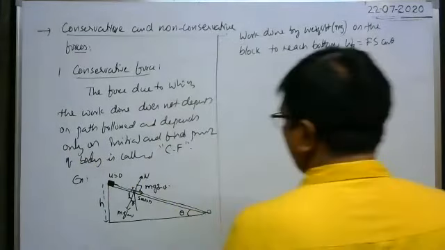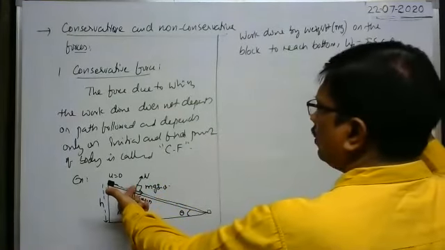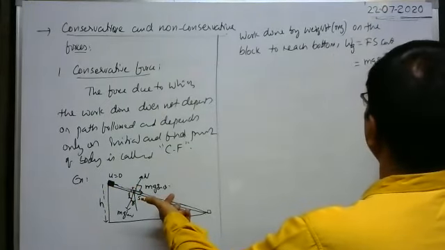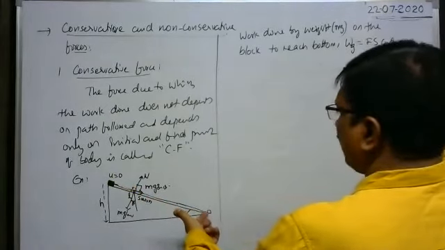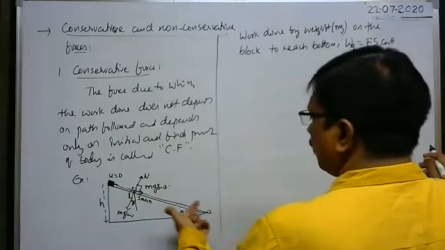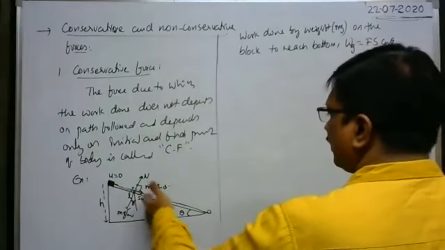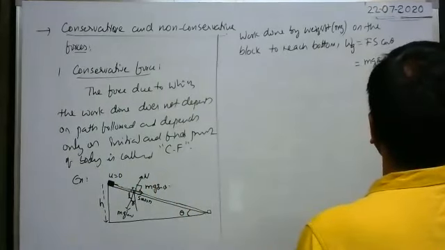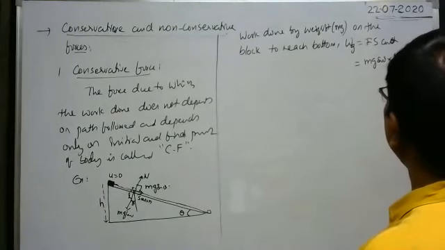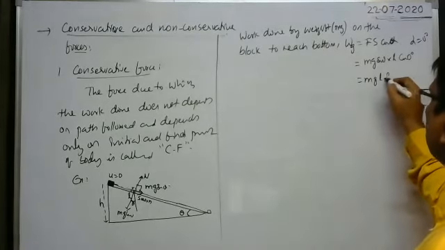So this is equal to the force that acts on the block along the direction of displacement, mg sin theta, into displacement along this direction, which is L. Whenever the block travels from top of the inclined plane to bottom, it travels a distance equal to L. Then the angle between mg sin theta and this displacement is 0, so cos 0. Of course, here theta is not this theta, it is alpha. So alpha is equal to 0 degrees. So this is equal to mg L sin theta.